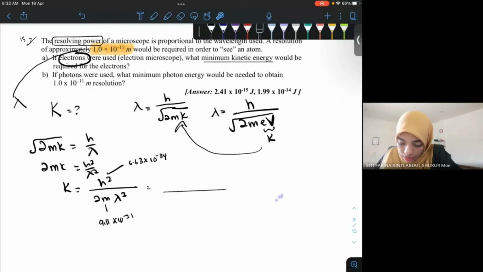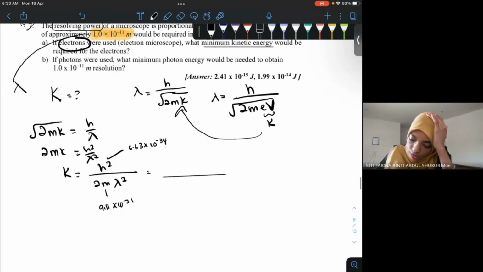And then dia kata if photon were used, what minimum photon energy would be needed to obtain this much of resolution. Okay, sebab dia kata photon dekat sini dan dia cakap minimum photon energy. Photon dekat sini if you remember, dalam chapter 9 kita belajar dia adalah cahaya yang datang itu. Okay, so we are talking about that energy, the energy of the light that is going to come.